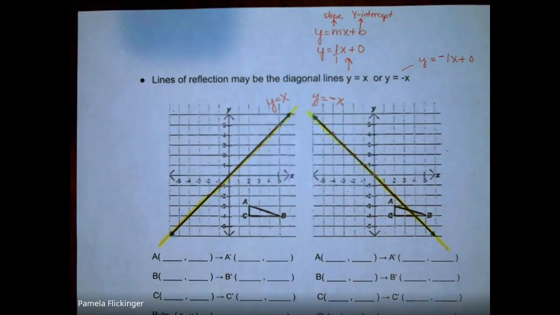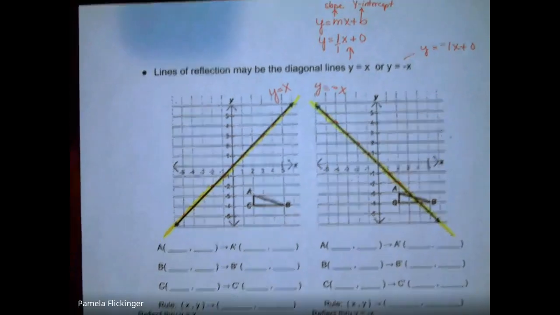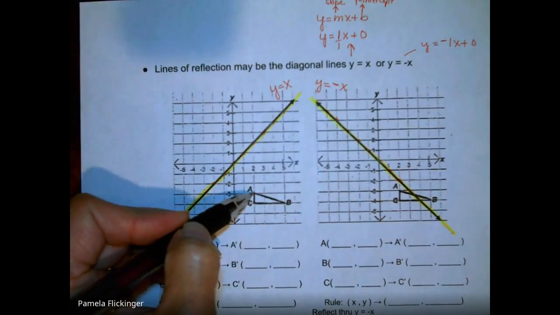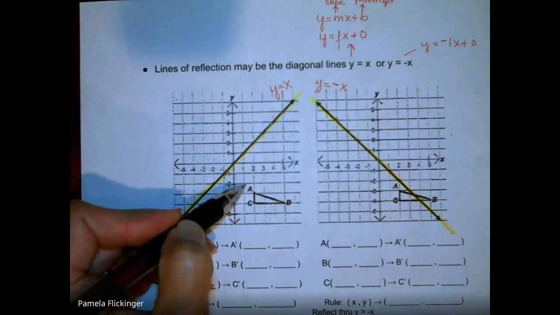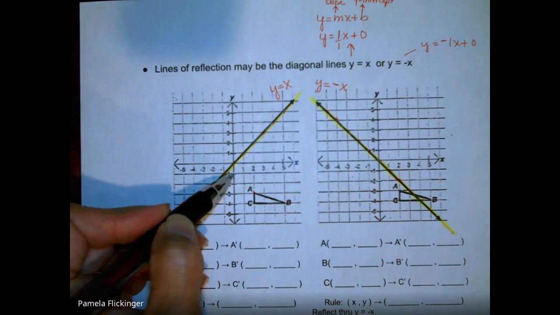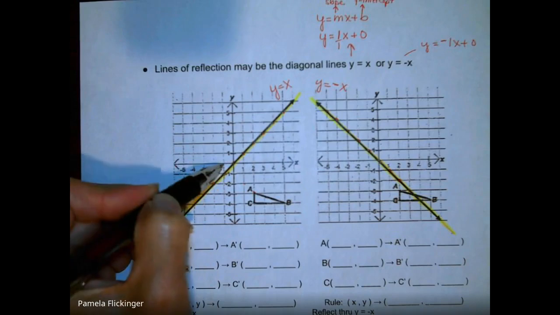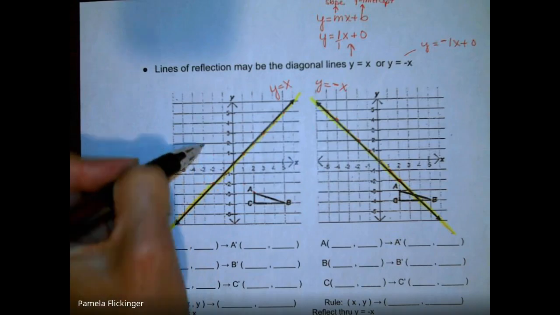So how do we count to these? We're going to have to count the diagonals. From point A, you're going to go across the diagonal this way. So I'm going 1, 2.5 diagonals. So I'll go the other half and then 1, 2.